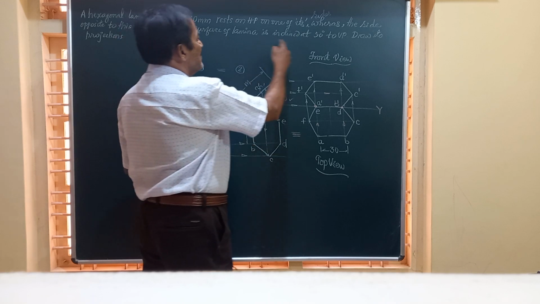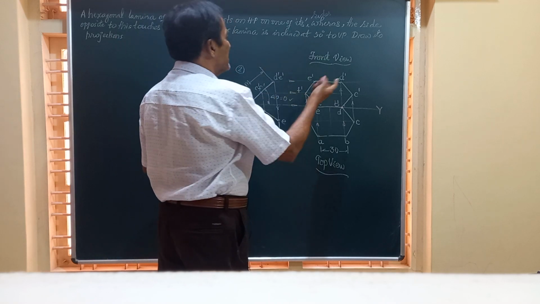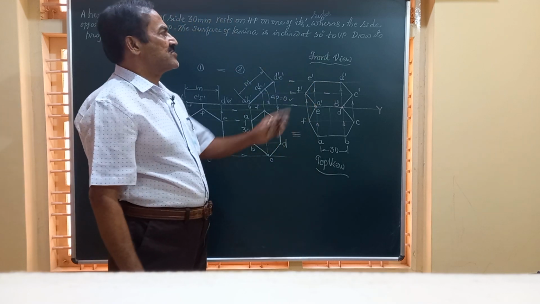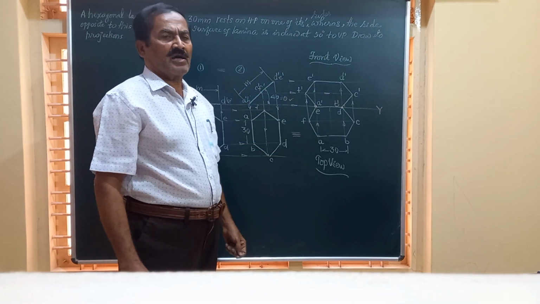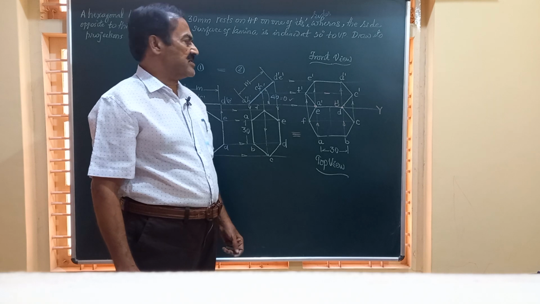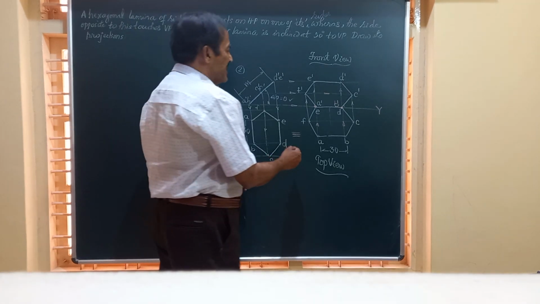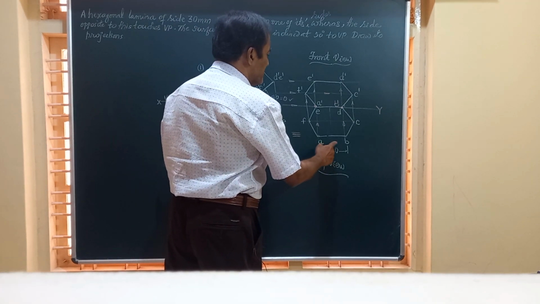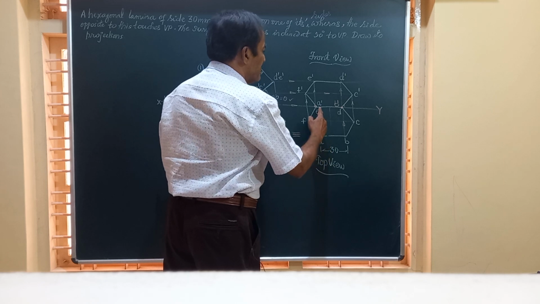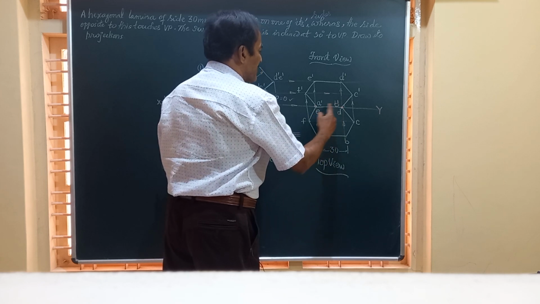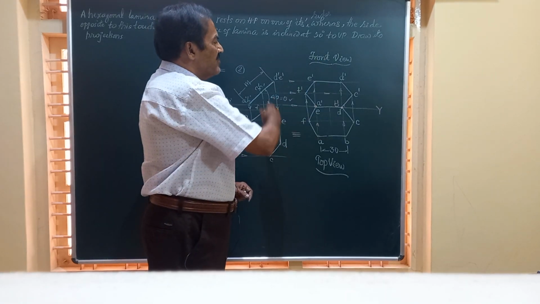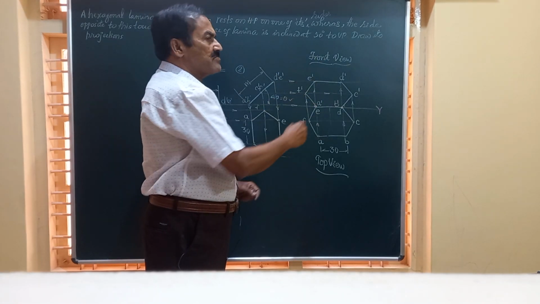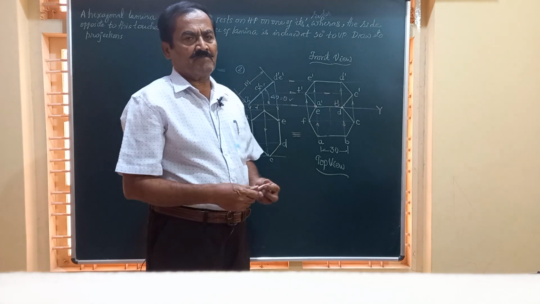So you can immediately say that it is making an angle of 50 degrees to VP, because the VP and the HP are perpendicular to each other. And finally, since the side AB is on HP, its front view is seen on XY as A dash B dash. So the solution, whatever you have got, is perfectly correct.